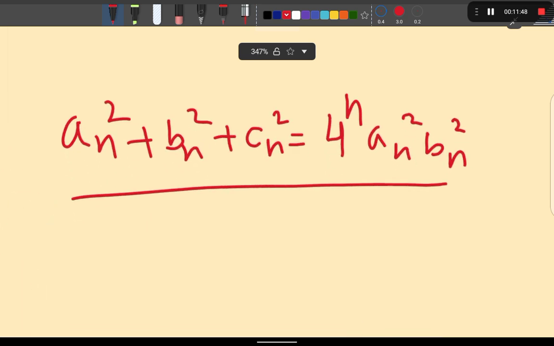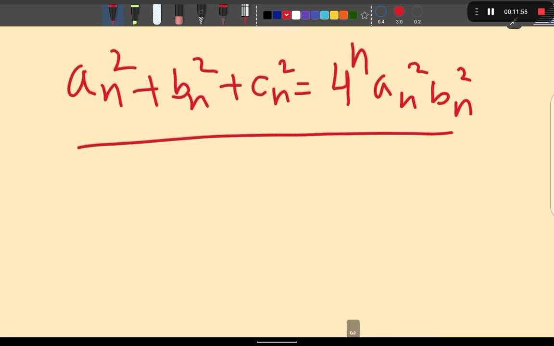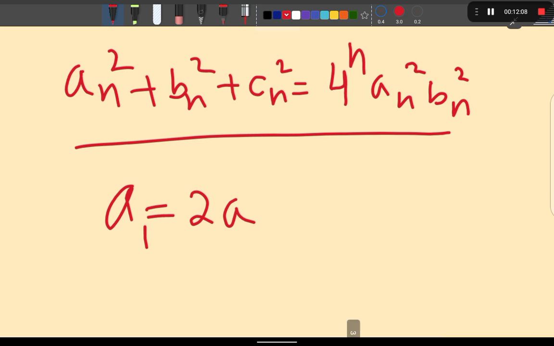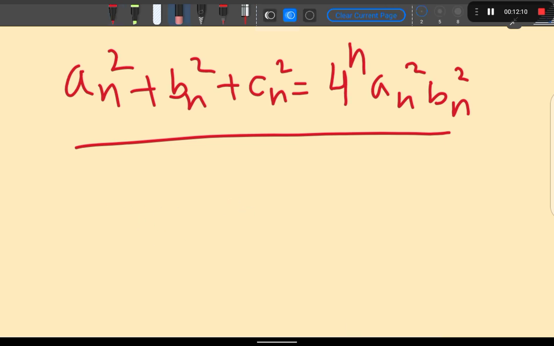So now to get to the solution, the integral values of a, b and c, we can see from here that we had a equal to 2a1. Sorry, I wrote it over.